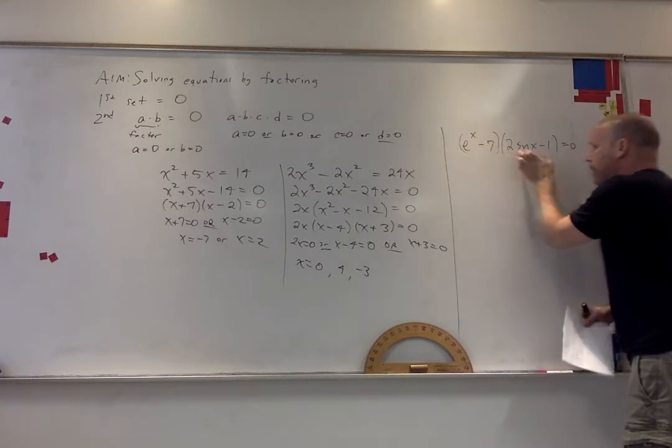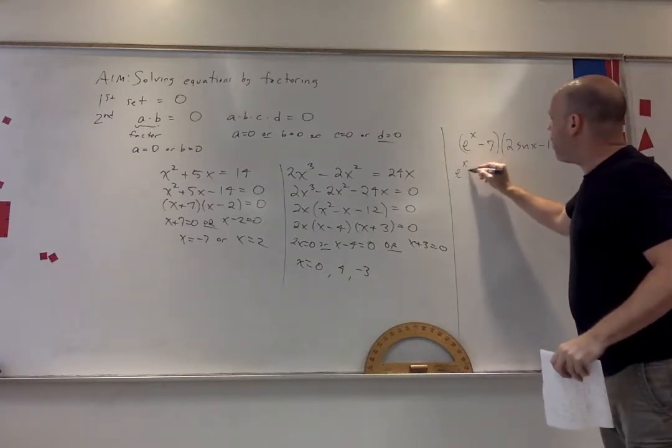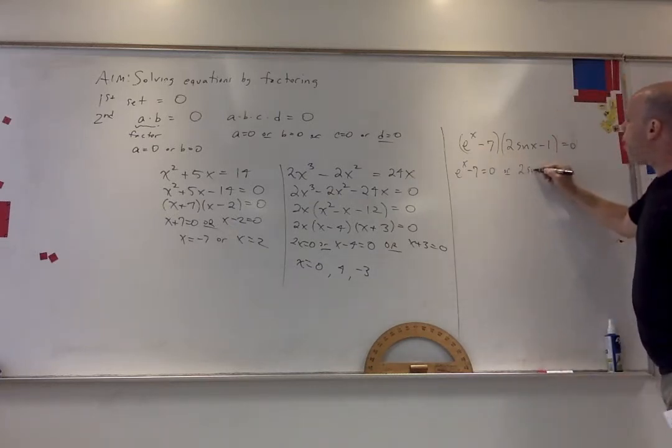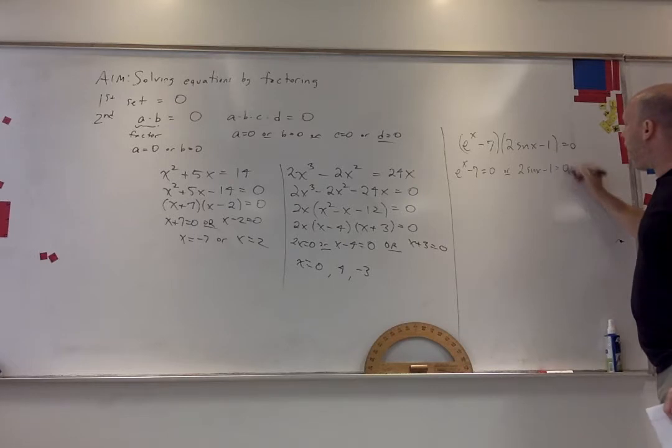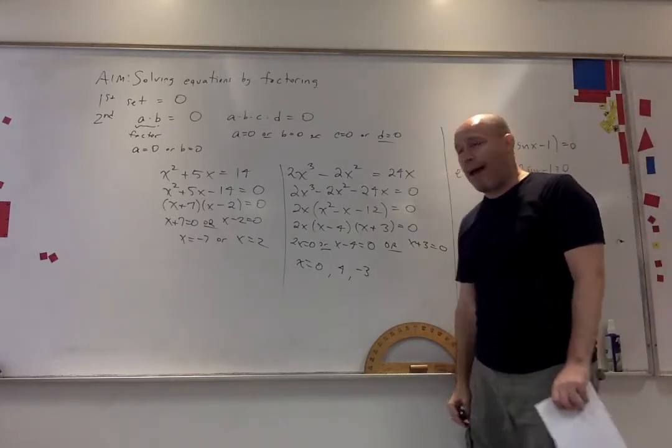It's something times something equals 0, therefore it's the first part equal to 0, or the second part equals 0.